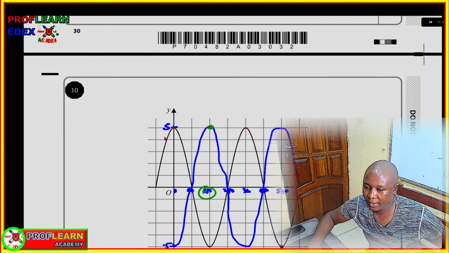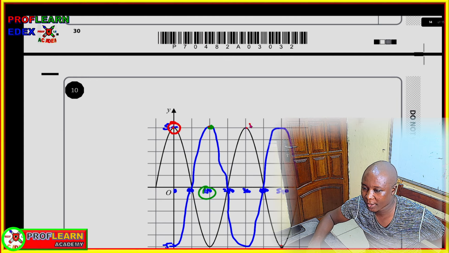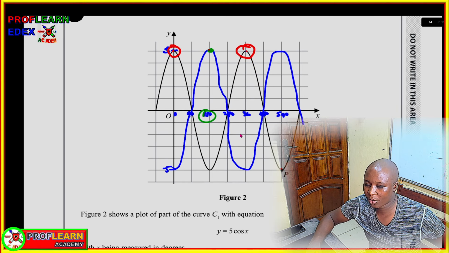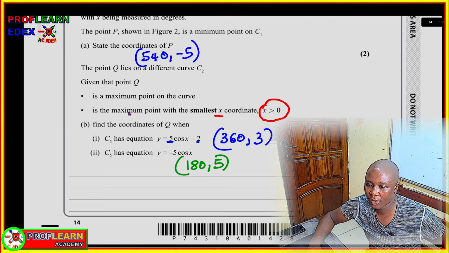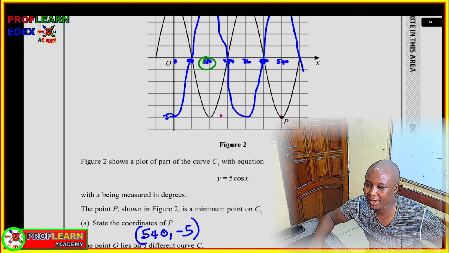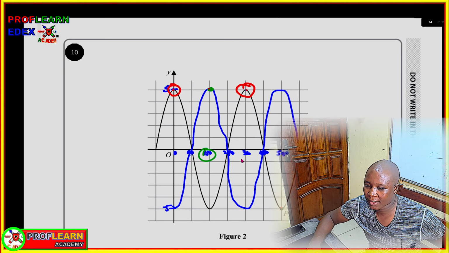So if this is the maximum point and x has to be greater than 0, it cannot be this one. The next one is this value here. That's where Q is, because we are given that condition. A maximum point with the smallest x greater than 0 is 360, so it will be 365.